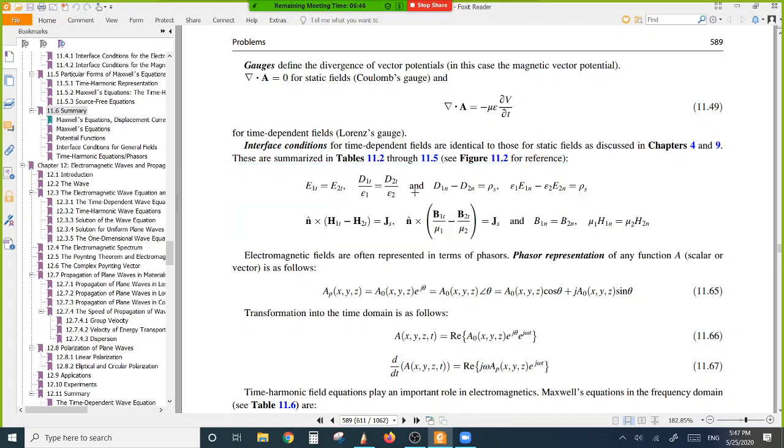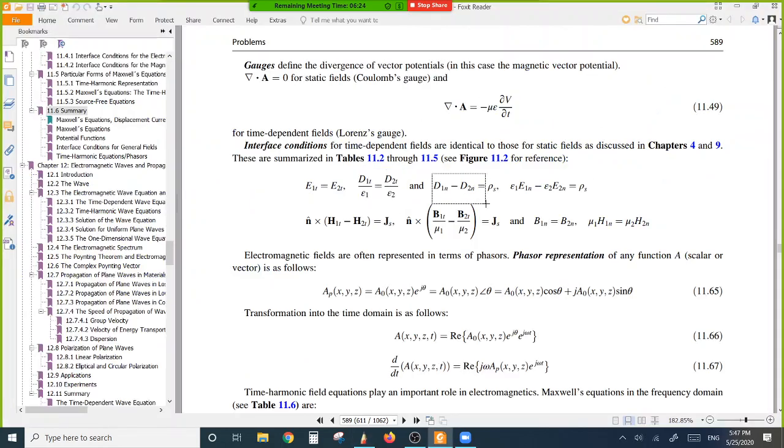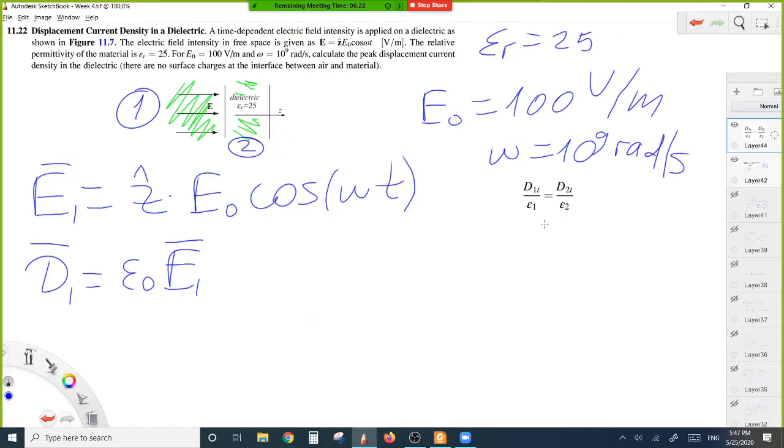You can see that for electric flux density, we have boundary conditions. This is the tangential boundary condition, and this is the normal boundary condition.